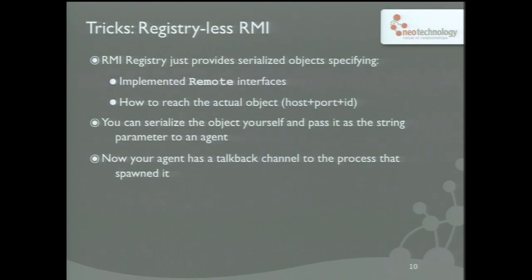Here's the trick I use for that. For listening to a port, I use RMI, and RMI is crap. Don't use RMI. But for stable environments, like communicating between processes on the same machine, where you don't really care about the performance of the protocol and such things, it's really simple to do stuff with RMI.